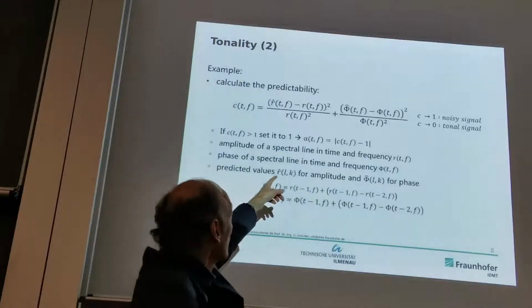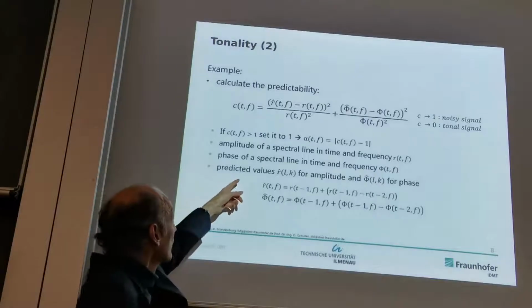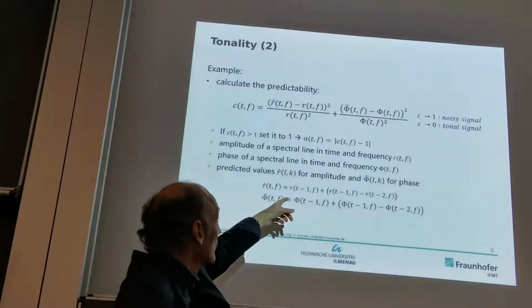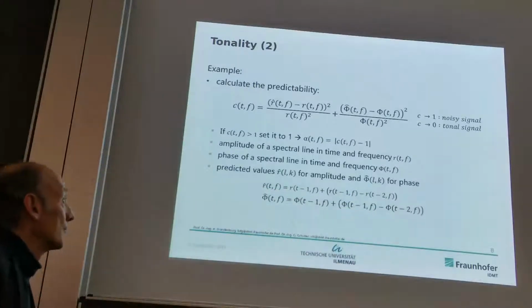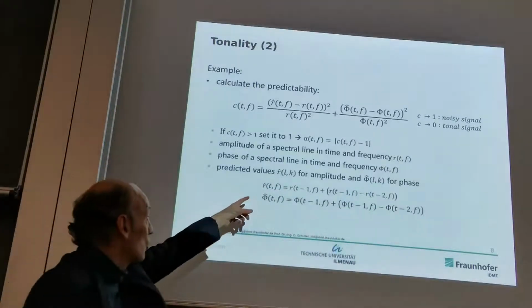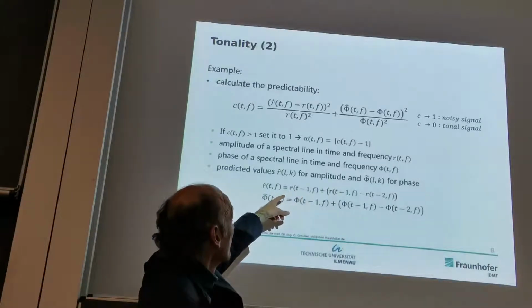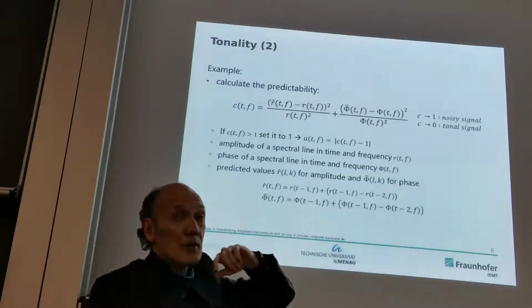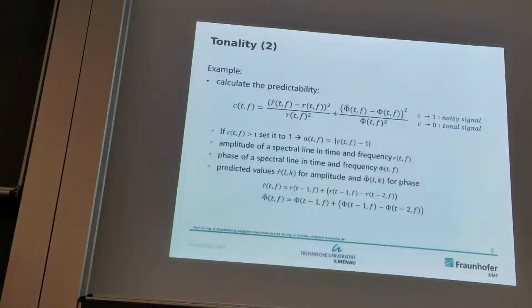And here we have the phase of the spectral line in time and frequency, and the predicted values are r hat k for amplitude and phi hat k for phase. So here we try to compute or predict the spectral lines and the phases. And the more predictable a signal becomes, the more tonal it is. Because when you have a noise-like signal, the noise signal is totally random, so there's nothing to predict.